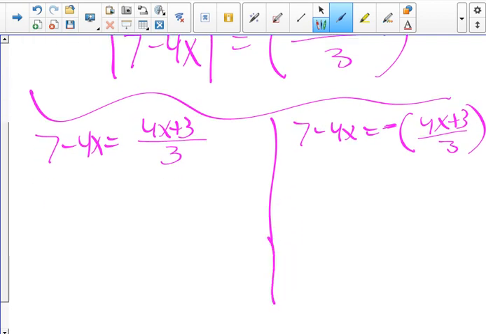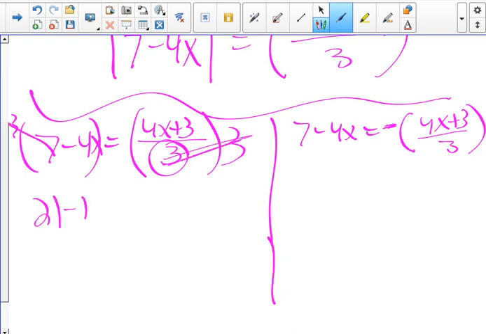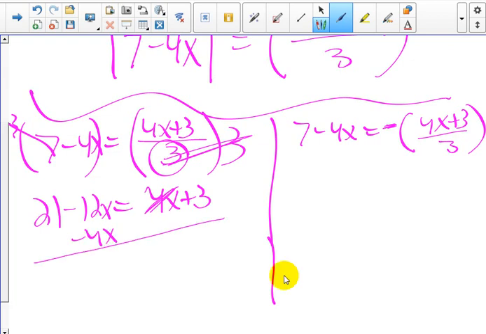So let's solve the right side first. We've got to solve for x, but we've got to clear this 3. So I'll multiply both sides by 3, and those cancel out. Over here I'm going to have 21 minus 12x, distributing that 3, equals 4x plus 3. Now the next step is to combine the x's. I'm going to subtract 4x from each side, and subtract 21 from each side.